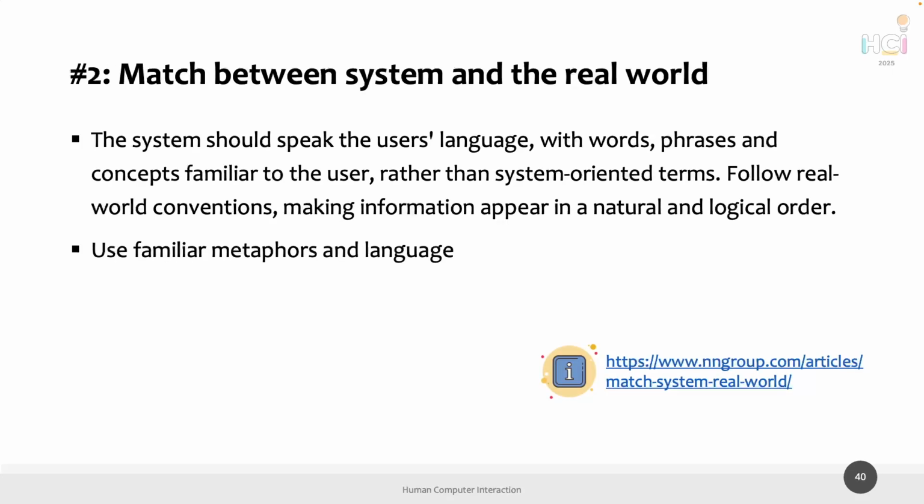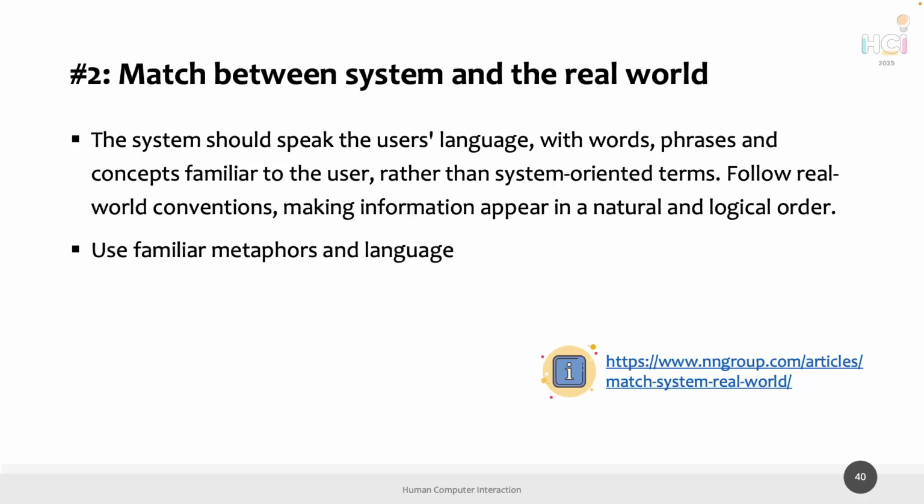Cool. Second heuristic, match between system and the real world. The system should speak the user language, with words, sentences, and concepts that are familiar to the user. So follow real-world conventions, making information appear in a natural and logical order.